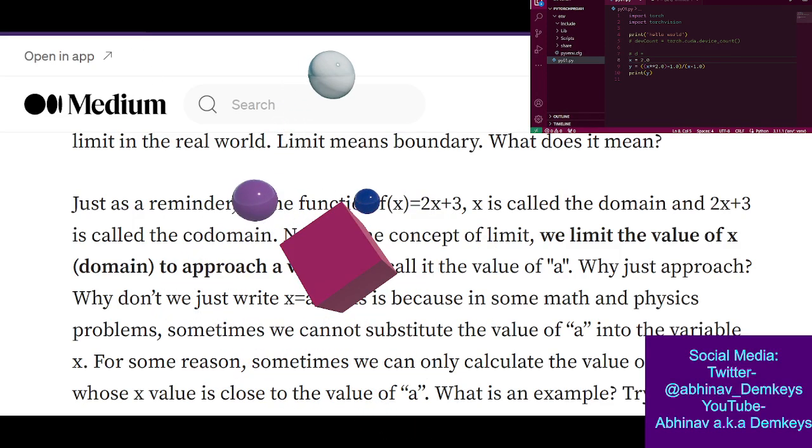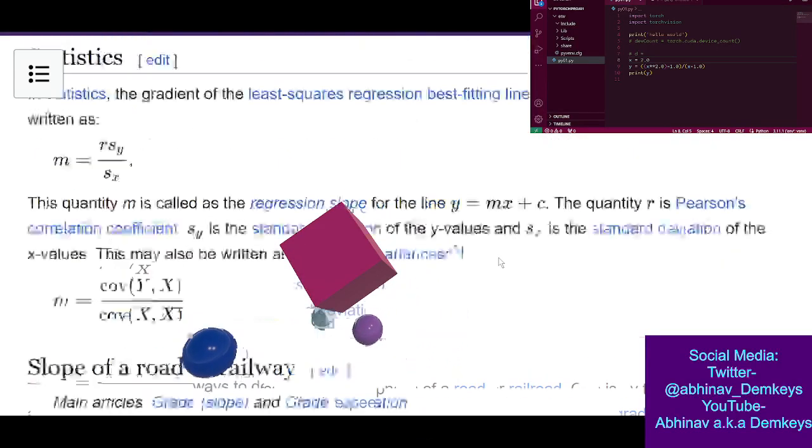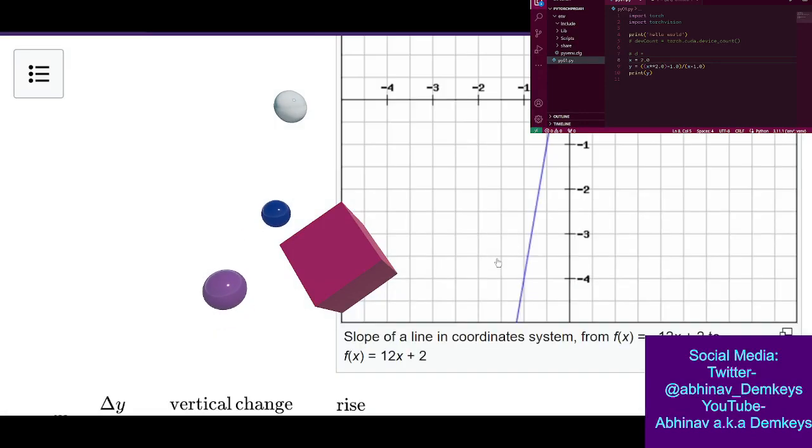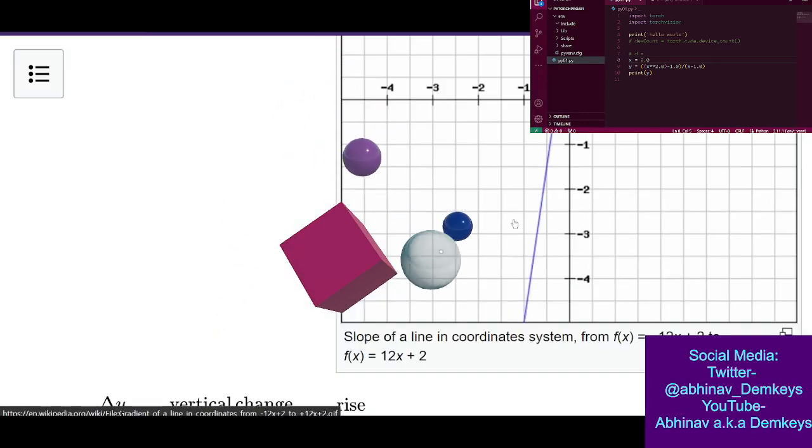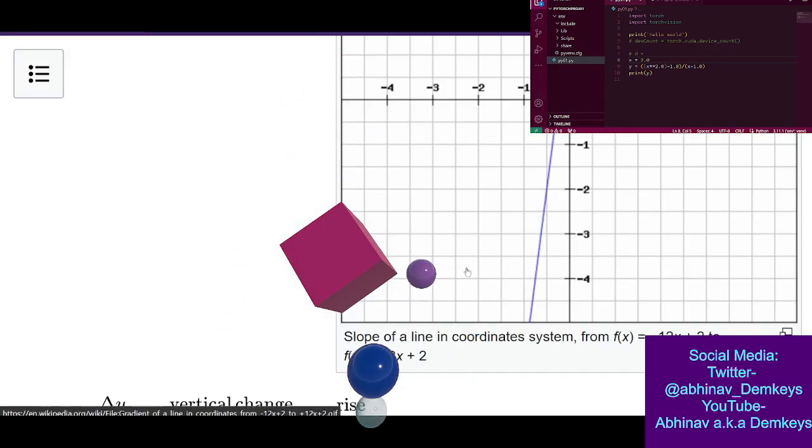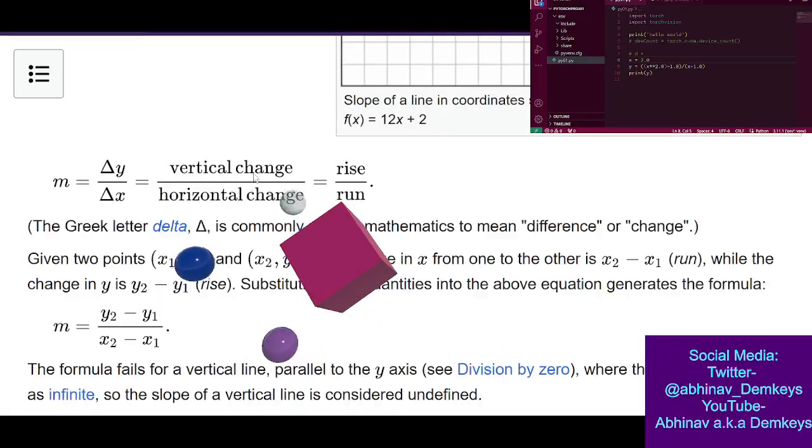Okay, I realized later on that I didn't actually practice calculating the slope. I know what the formula is, but I didn't practice actually calculating the slope of something.